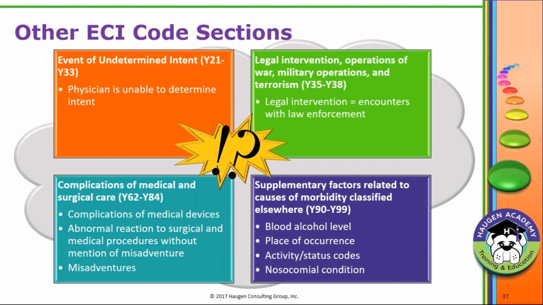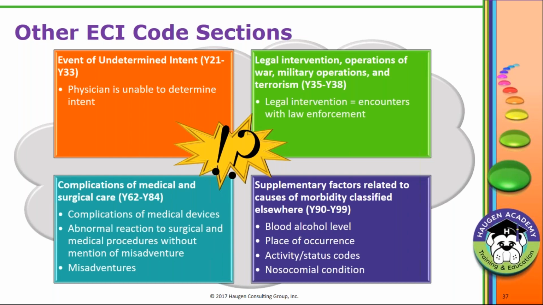And that does include legal interventions, which includes encounters with law enforcement, which is something that we're seeing more and more as well. And you're more likely to be assigning these codes than I think we were 10, 20 years ago.